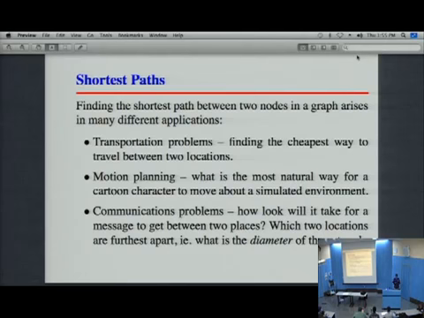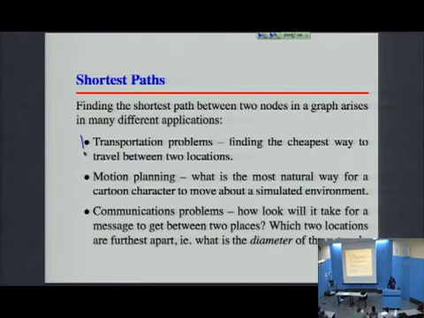The classic practical problem that occurs every day on weighted graphs is: given two nodes in a graph, find the shortest path between them. Your GPS needs to do this, right? So the GPS doing it is the transportation problem.